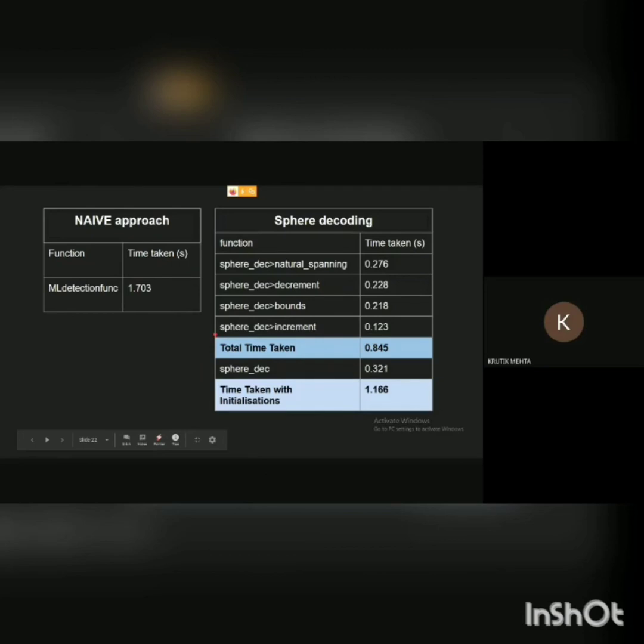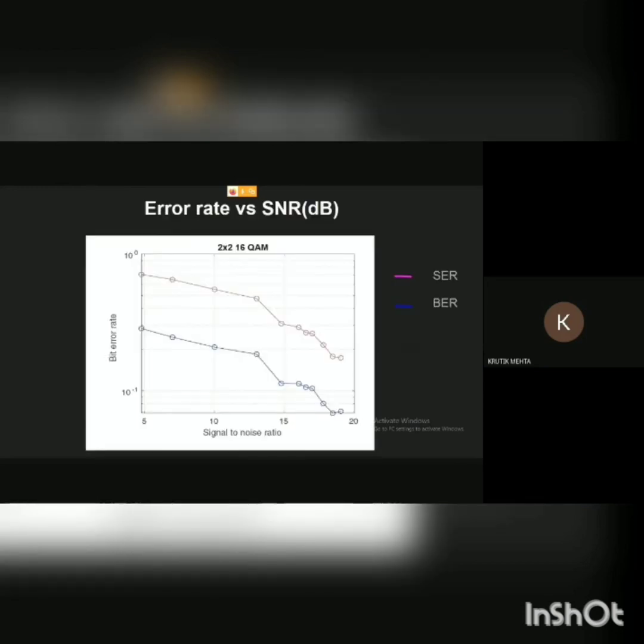This shows how the sphere decoder works better in terms of running time of the algorithms. And then we plot the error rates versus the SNRs for the sphere decoder. The plot which we get is like this. The pink line is for the symbol error rate, whereas the blue line is for the bit error rate.